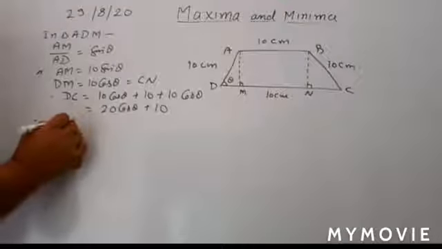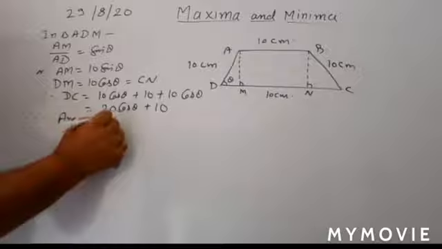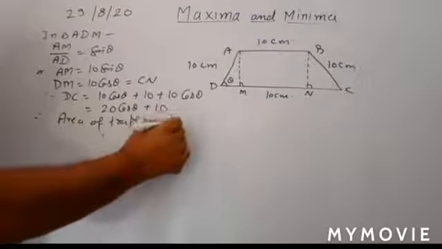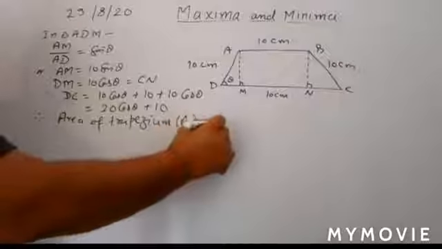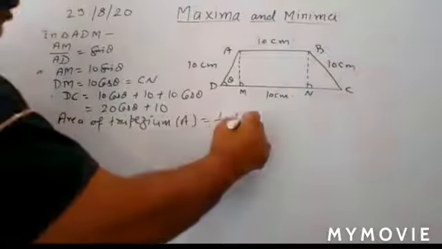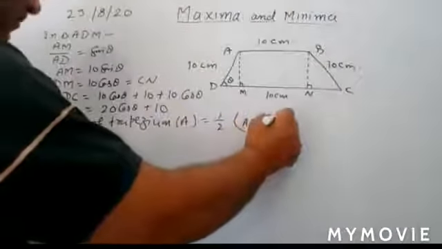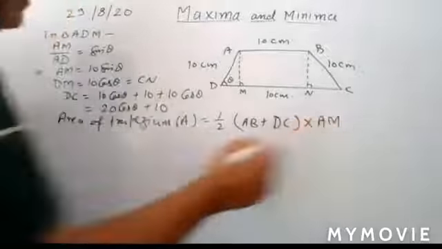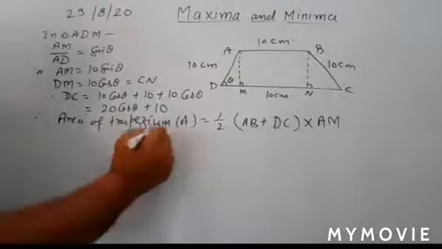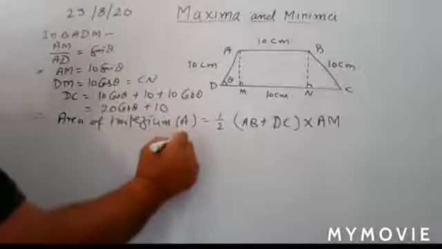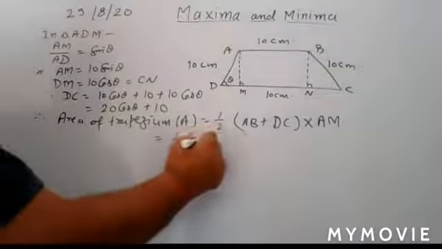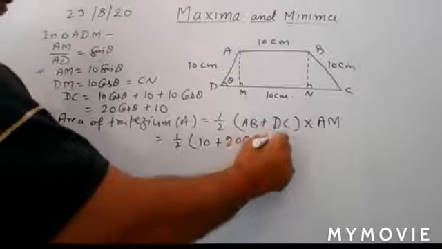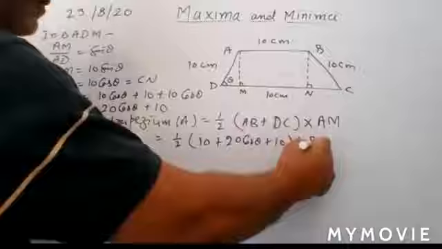So area of trapezium A is equal to 1 upon 2 sum of parallel sides into altitude, the distance between them. So putting its value, 1 by 2, AB is 10, plus 20 cos theta plus 10, into 10 sine theta.